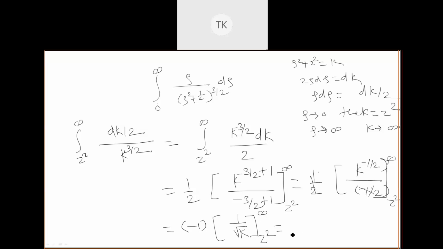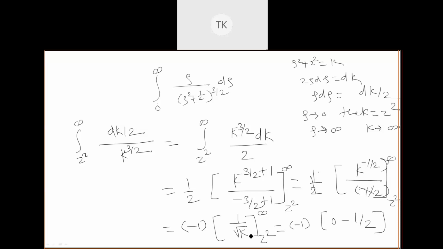Right. So what will be the term? Minus 1 into 1 upon root k, z square to infinite. If you put infinite here, it will become 0. 0 minus 1 upon z.